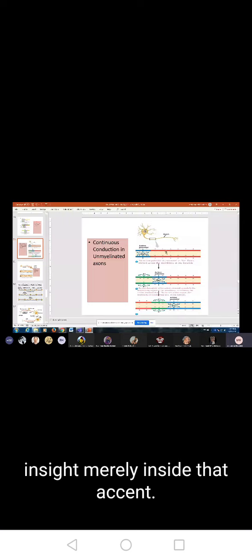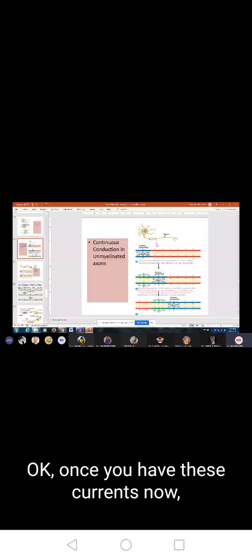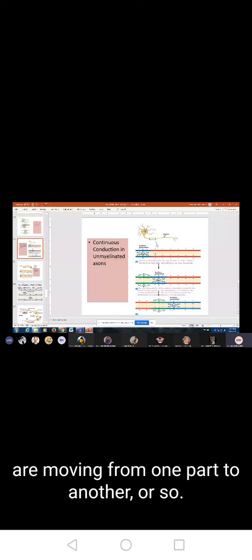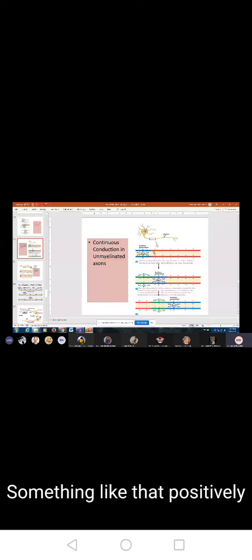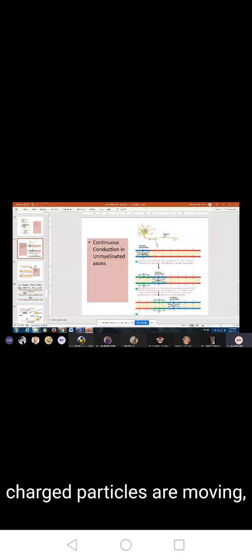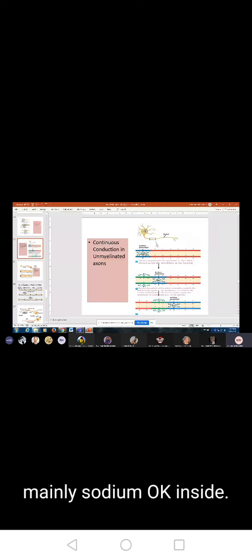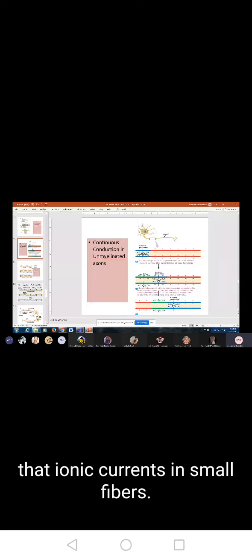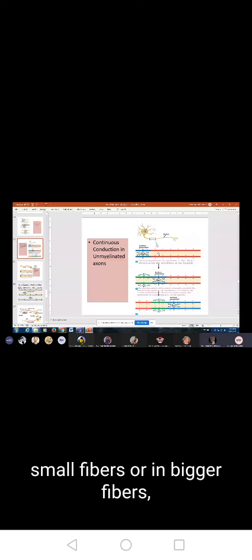As you know, we have current mainly inside the axon. Once you have these currents, sodium ions, for example, are moving from one part to another. Positively charged particles, mainly sodium, are moving inside. Now, where do you have higher resistance to these ionic currents, in small fibers or in bigger fibers? Smaller fibers.